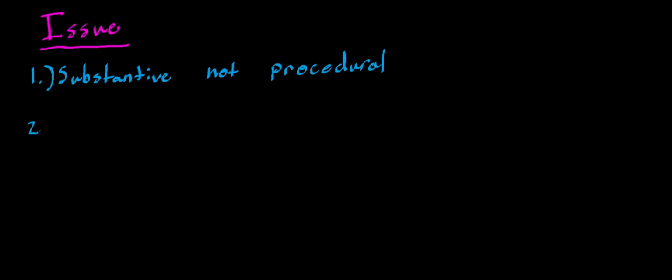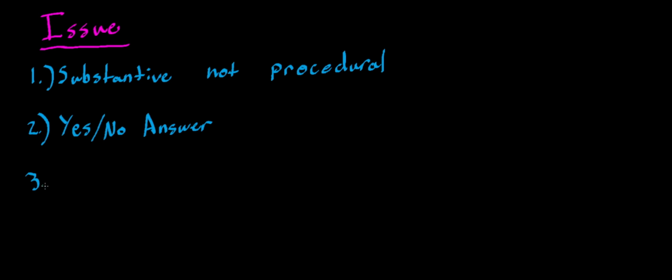The second rule that you want to follow when writing an issue statement is to allow the issue statement to have a yes or no answer. This will lead you into the holding portion of the case brief, which will simply be an answer to the yes or no question posed in the issue statement.